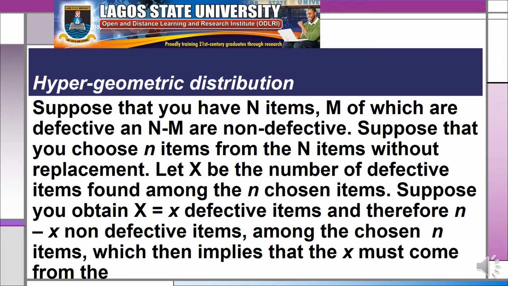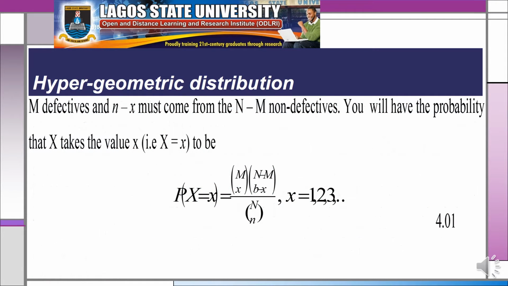Suppose you obtain X equals x defective items and therefore n minus x non-defective items among the chosen small n items, which then implies that the x must come from the M defective and n minus x must come from the bigger N minus M non-defectives. You have the probability that X takes the value x as that in expression 4.01.